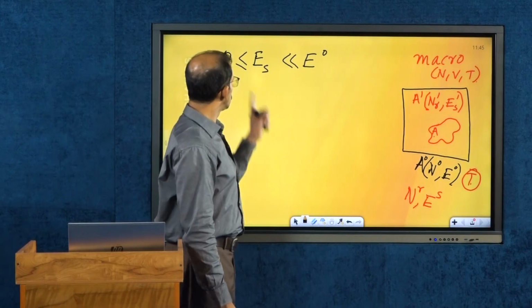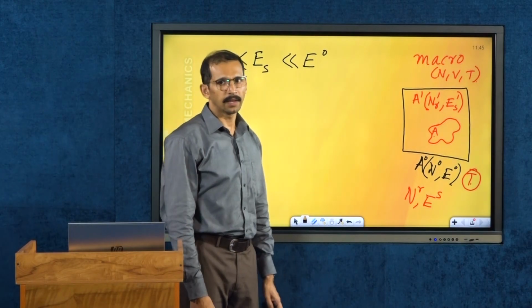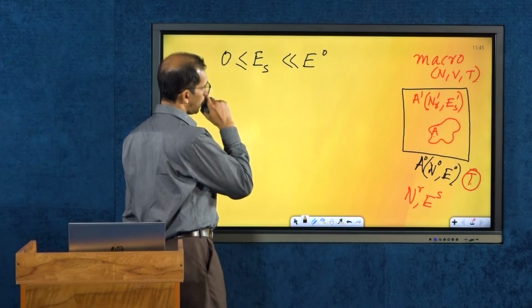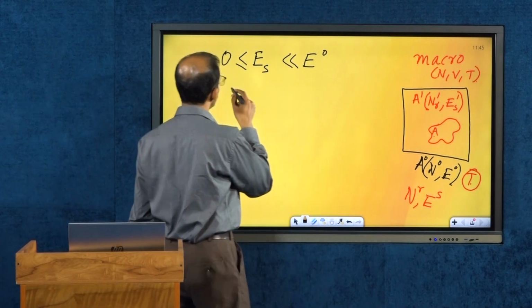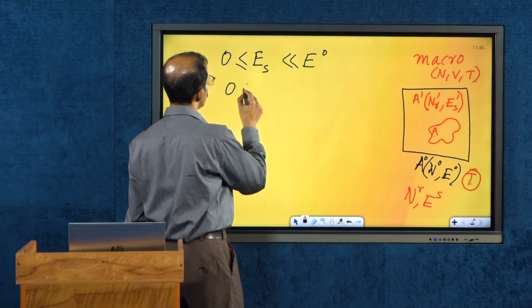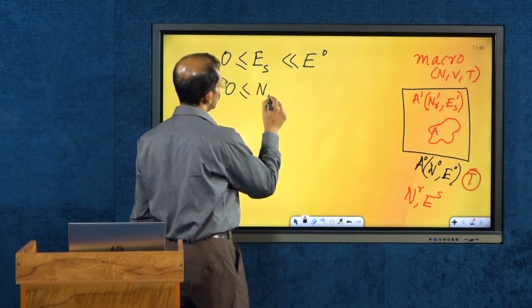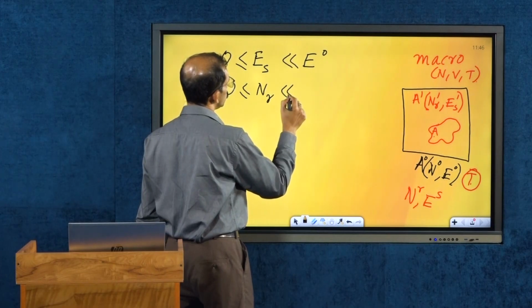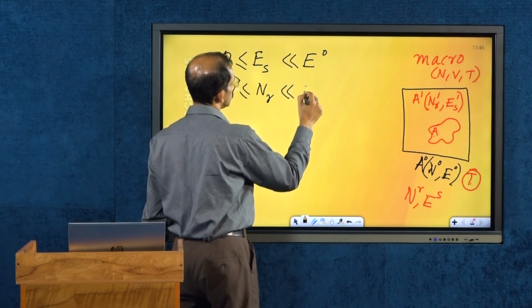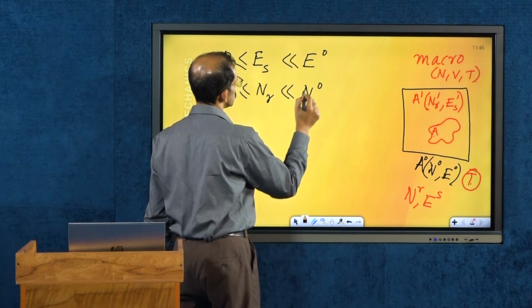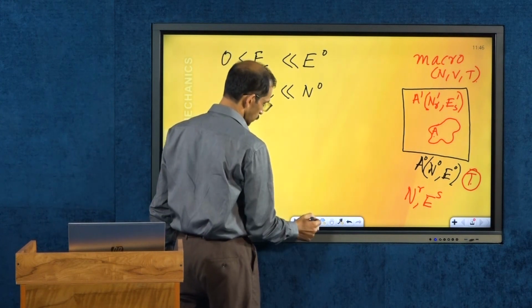This is the minimum and maximum energy, and for the corresponding number of particles I can write 0 less than or equal to Nr less than or equal to N0.